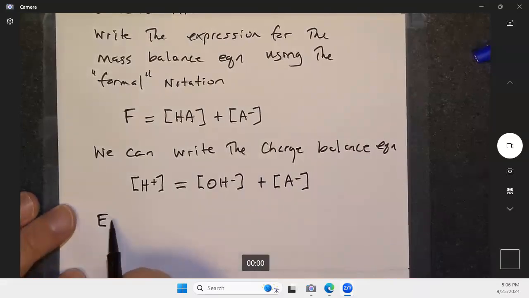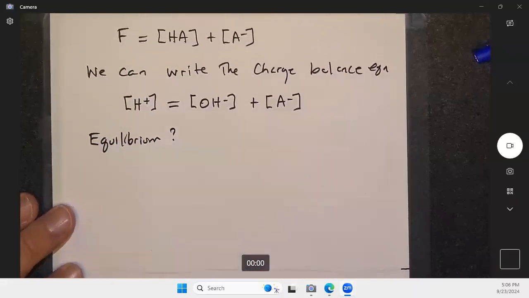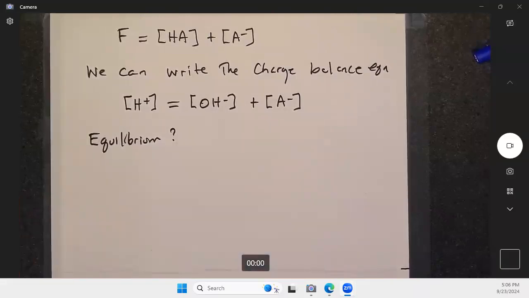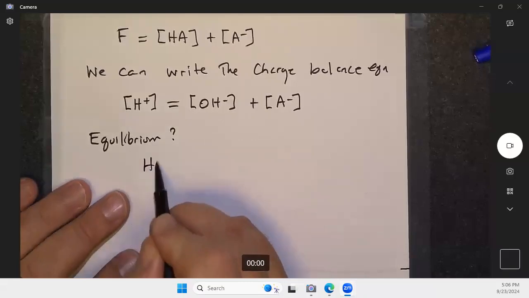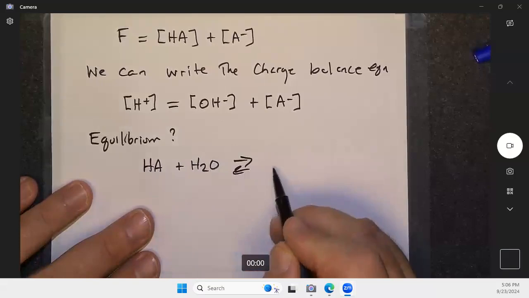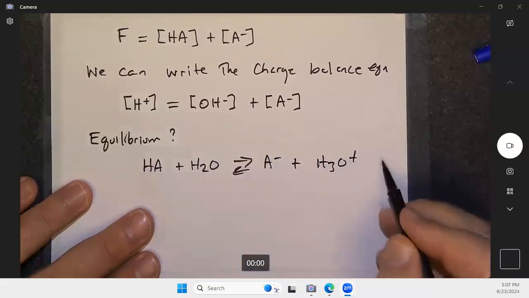What about our equilibrium? Well, we can write that equation too. What are the two things that are going on? You have the weak acid, HA, reacting with water to form A minus and H3O plus.